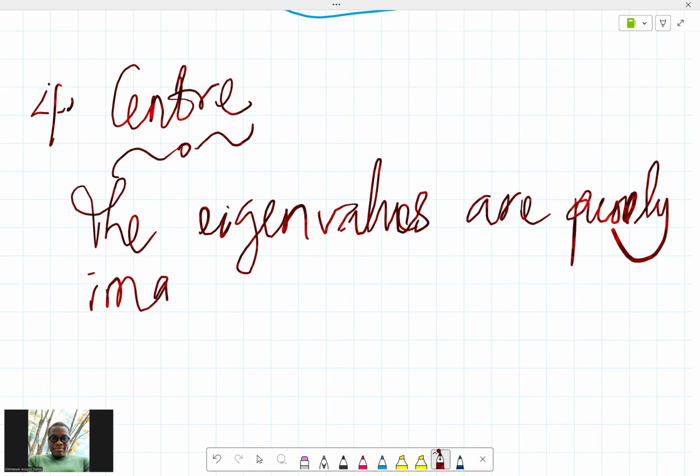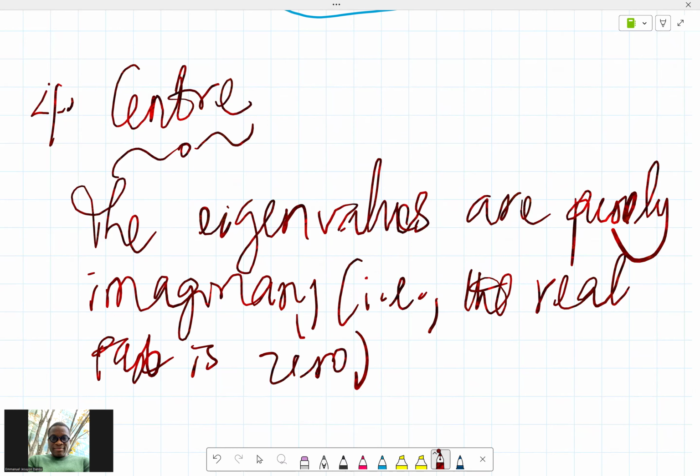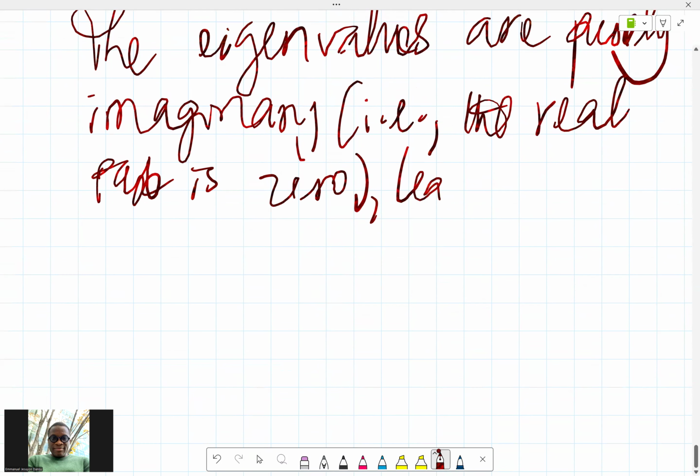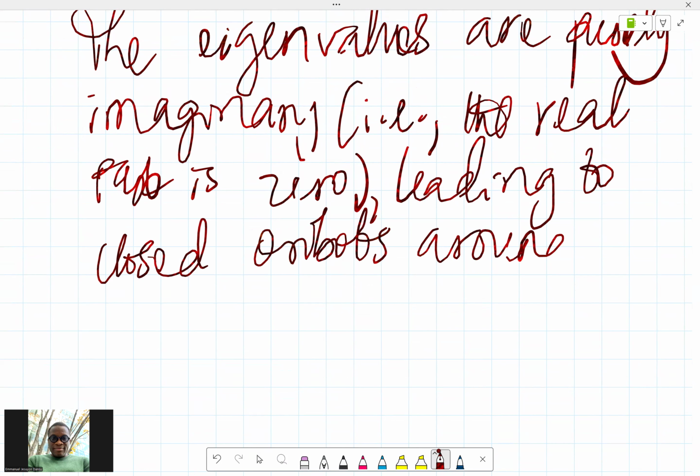That means that the real part is zero, leading to closed orbits around the equilibrium point.